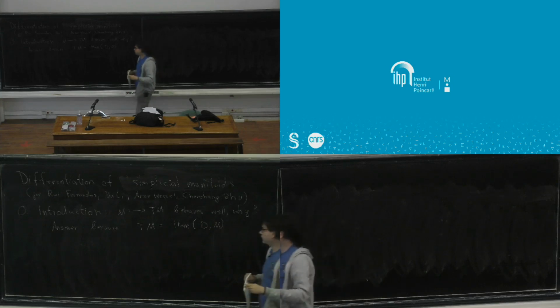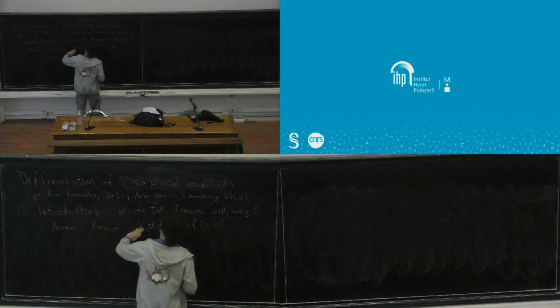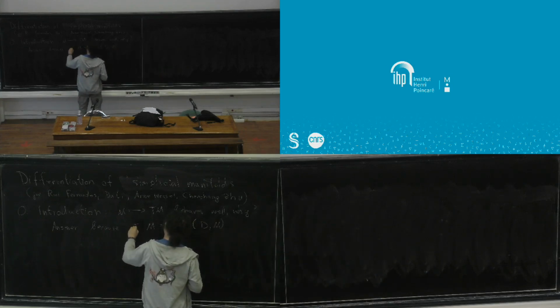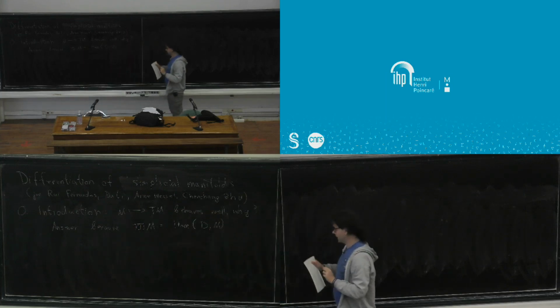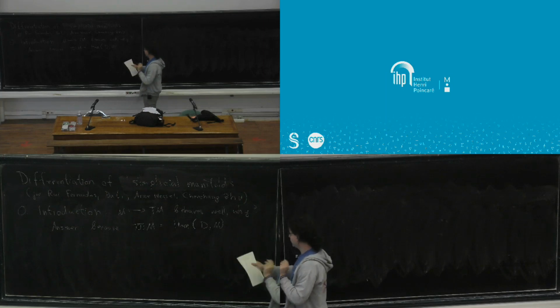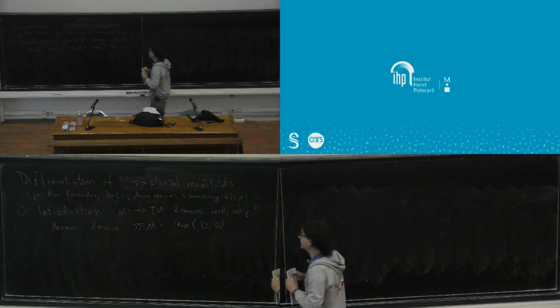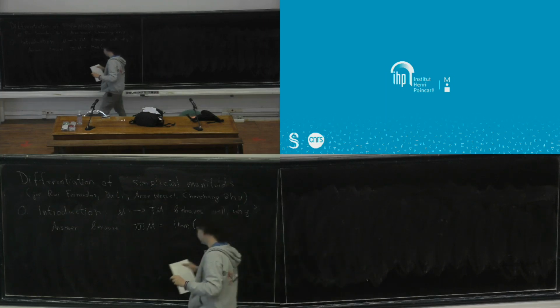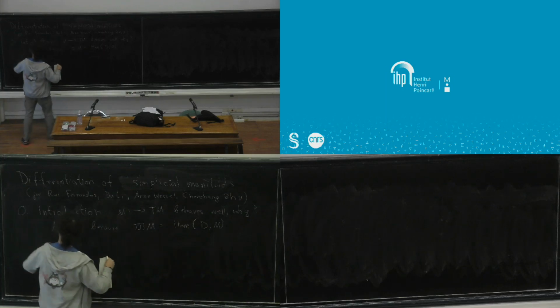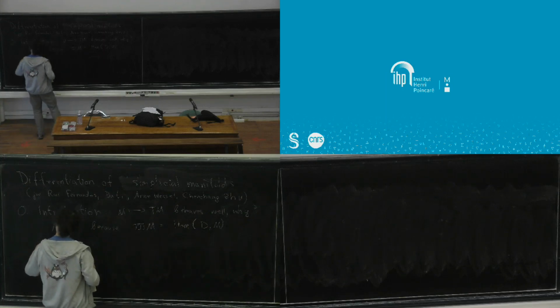For the whole thing to work properly, one actually has to go to the world of graded manifolds and, instead of TM, talk about T[1]M. Maybe I will define what a graded manifold is, even though I shouldn't.